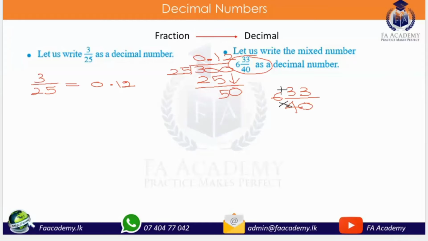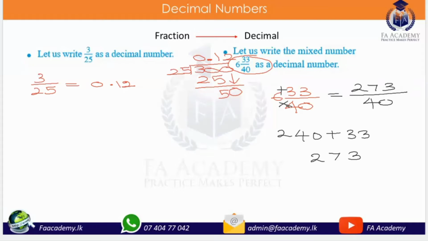Here 40 times 6 is 240, plus 33, gives 273. So the answer for this is 273 over 40.